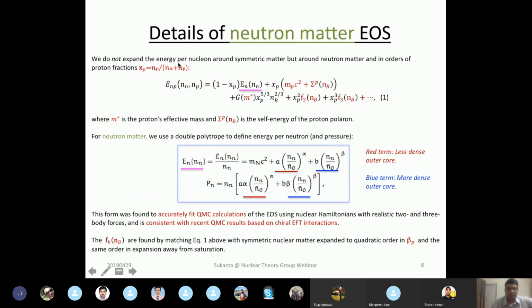So, as I said, we do not expand the energy per nucleon around symmetric nuclear matter, but rather around neutron matter in orders of x_p, the proton fraction.